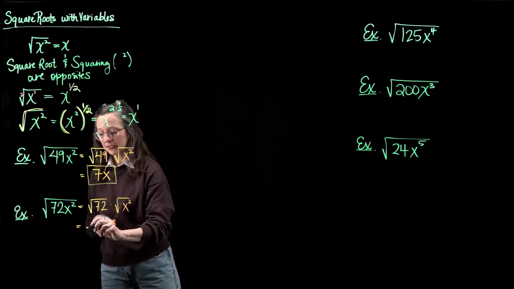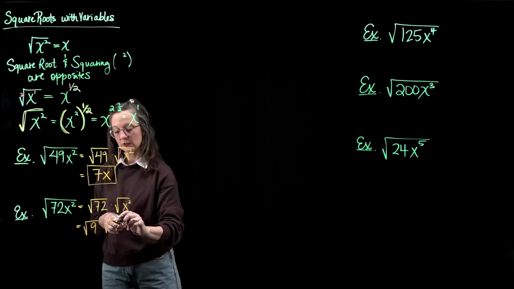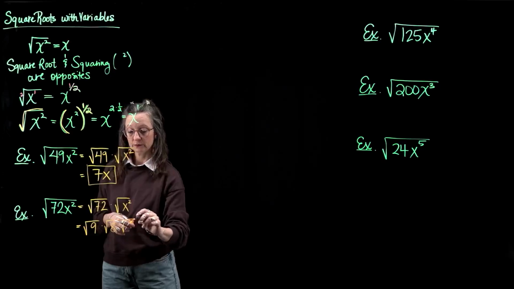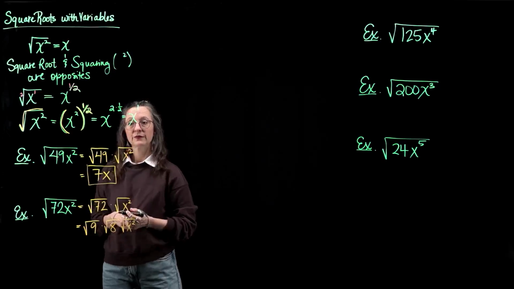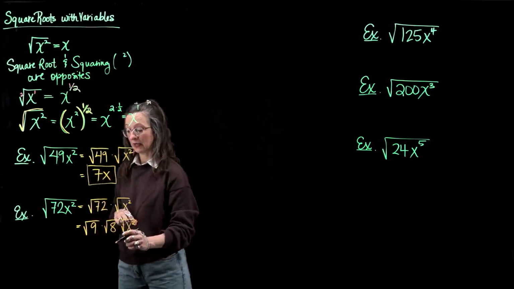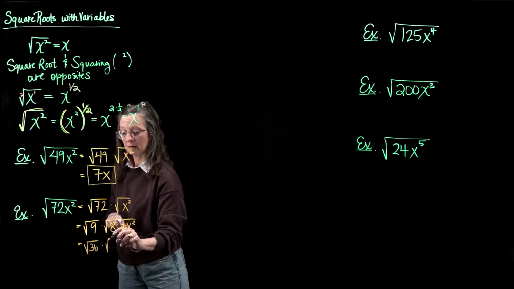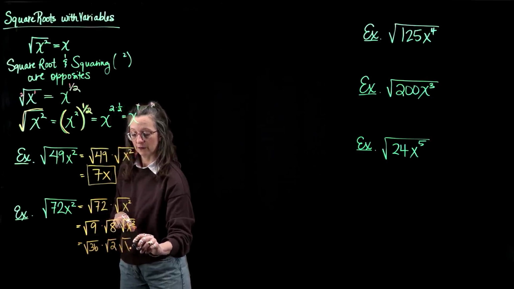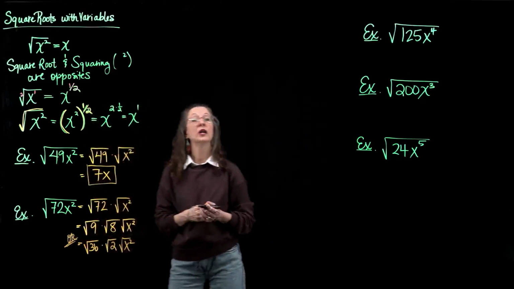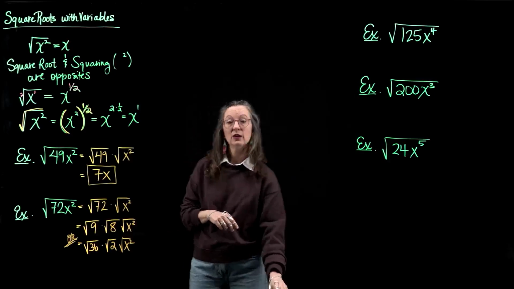But hopefully you notice that 72 is equal to, well, one option is 9 times 8. That's probably the first one I would go to. Another thing I could break it up as would be square root of 36 times the square root of 2. And I want to tell you that both of those will work out exactly the same. So let's work the first one.